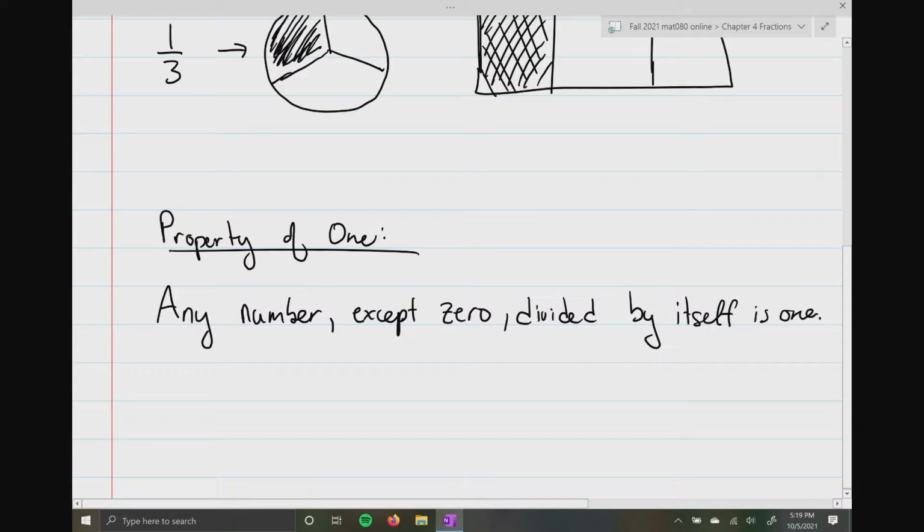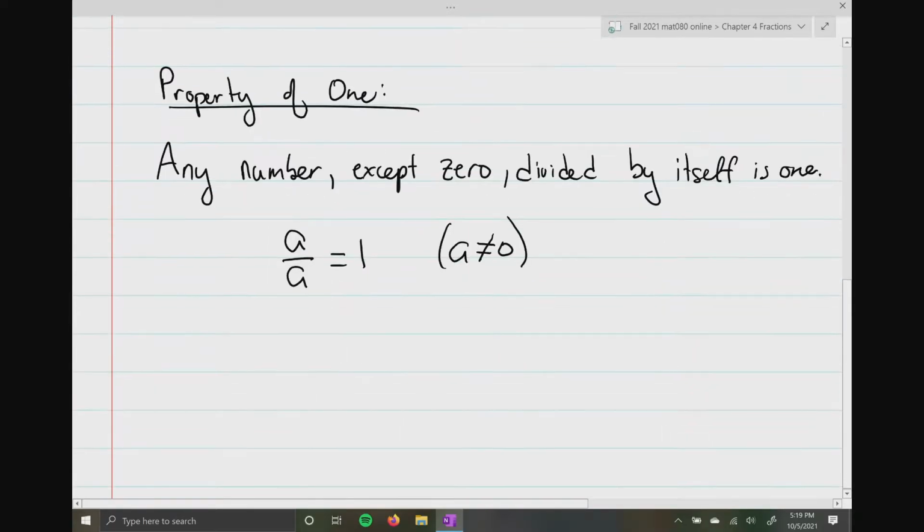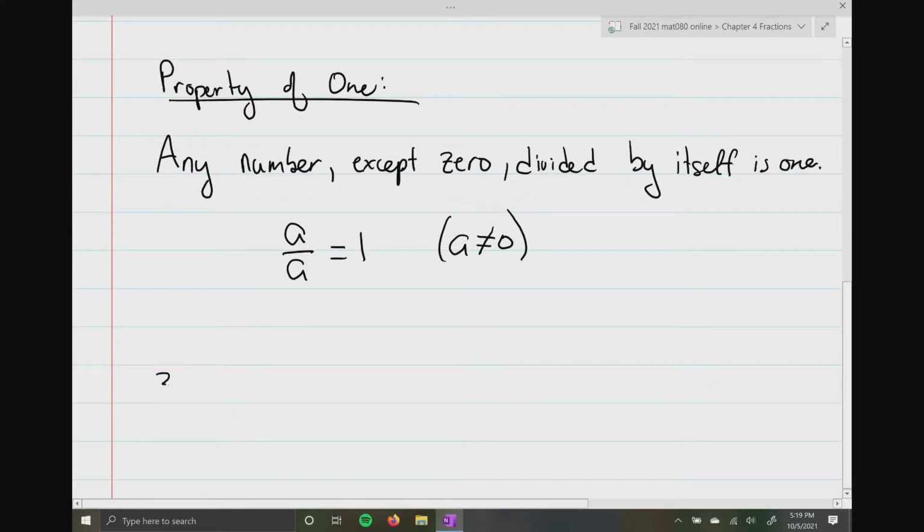Okay? So what does that look like in terms of a fraction? Well, a over a will always equal 1, provided a does not equal 0. Okay? So 3 over 3 equals 1.